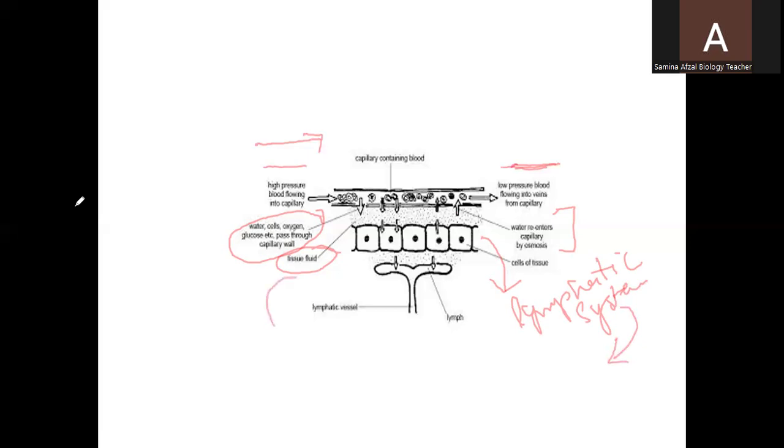Lymph is that tissue fluid when it is absorbed or enters into the lymphatic system. So in this way, the exchange of gases and the transfer of different nutrients takes place in the blood. So it was all about transport in humans.